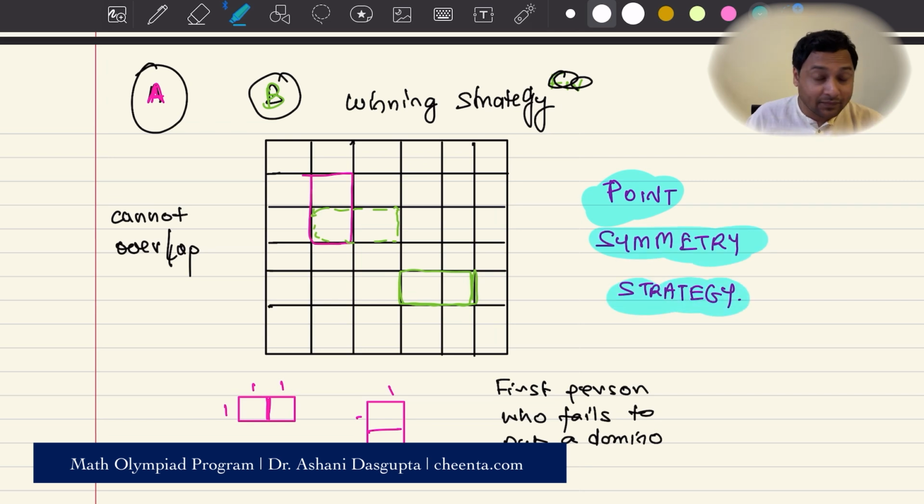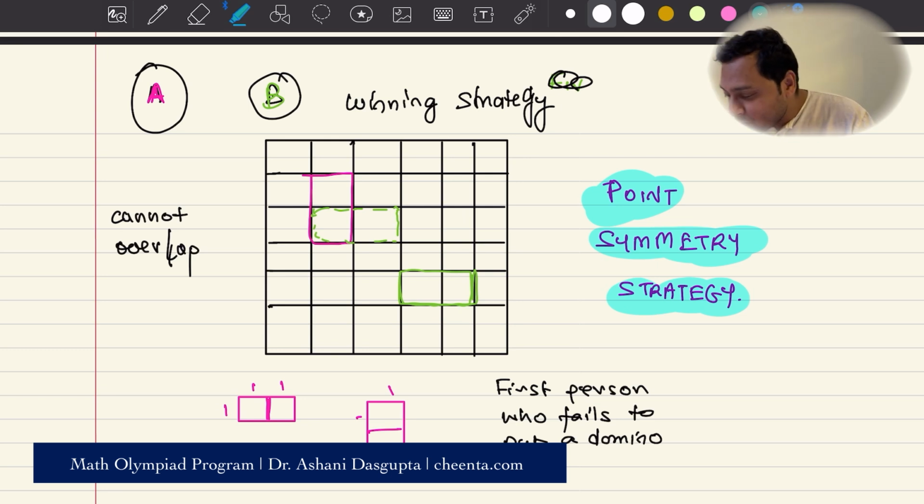Some of the kids in our middle school Math Olympiad program could actually think about this particular strategy. They could discover this strategy inside the class, which is totally awesome, by the way. So you should definitely pause this video at this point and try to think and discover it on your own.